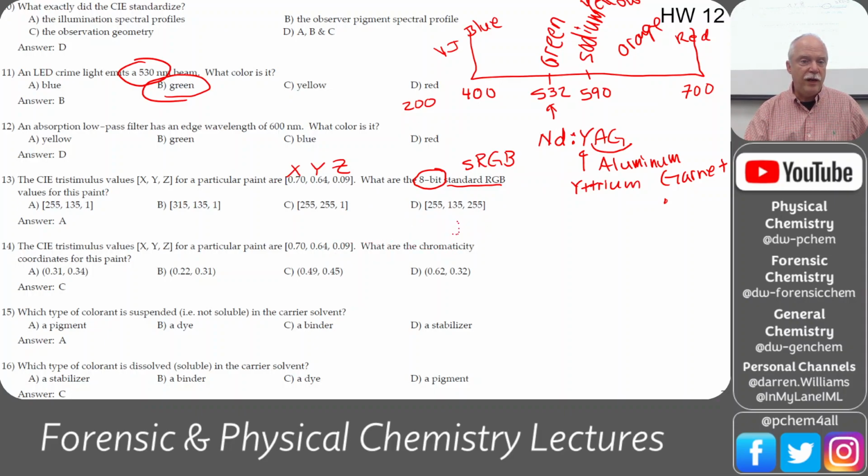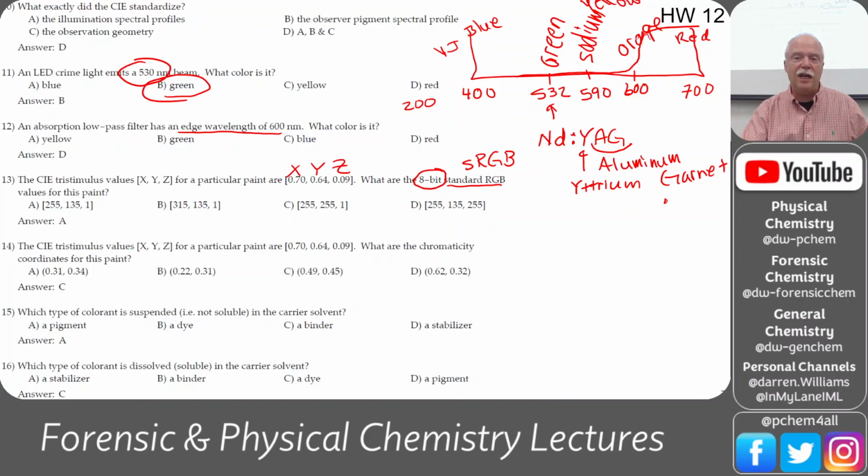So an edge wavelength of 600. Okay, so the edge wavelength, and it's a low pass. So it's coming through here, and it's blocking the green, blocking the sodium. So let's say orange is at 600. It's blocking the orange and passing the red. So we're only getting half the orange. We're getting all the red, and so I would say that's red.